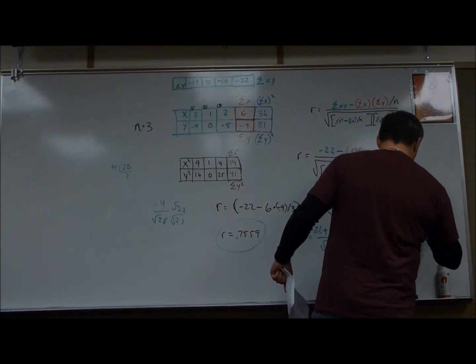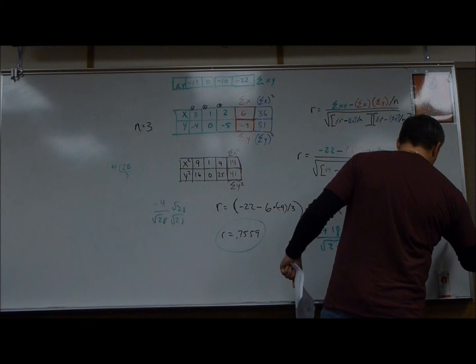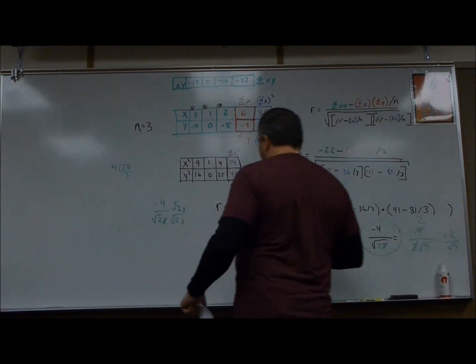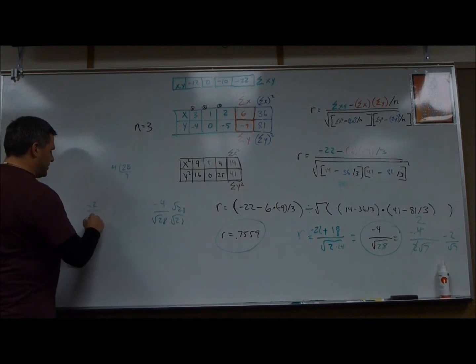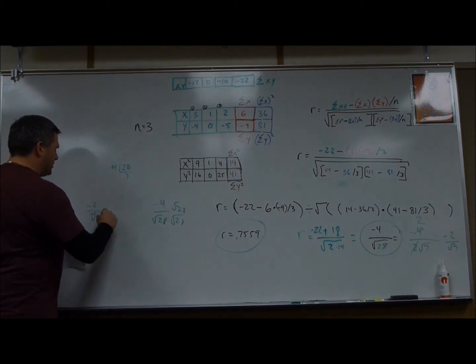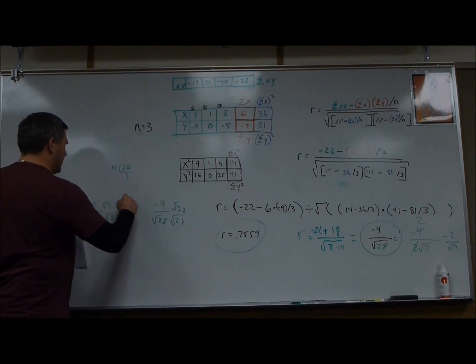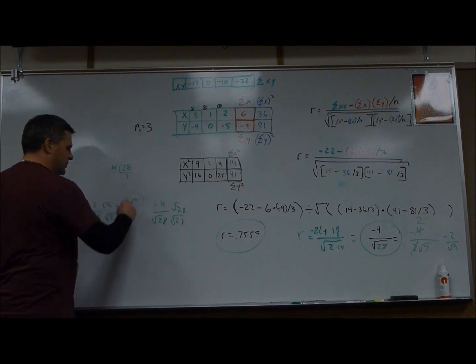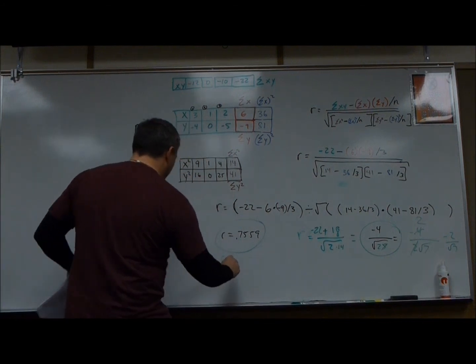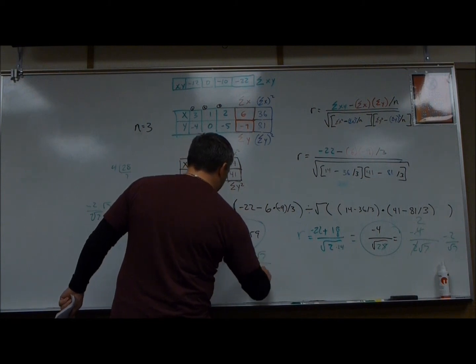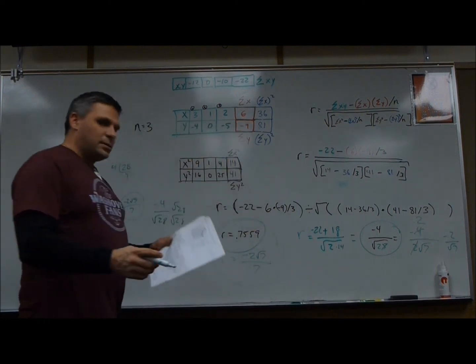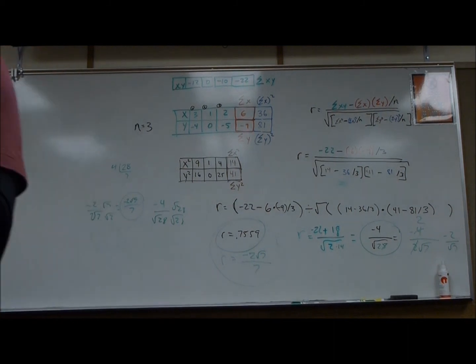And that goes in there 2 times, so it's negative 2 over the square root of 7. And then you rationalize: square root of 7 over square root of 7 equals negative 2 square roots of 7 over 7. So R is equal to negative 2 square roots of 7 over 7. Voila. That was awesome.